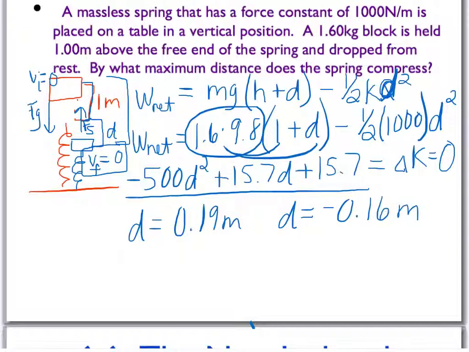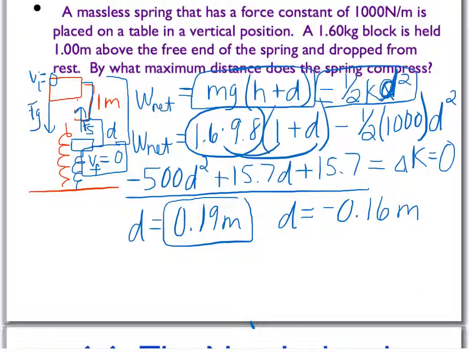We want to choose the positive root here for our answer because we did call down the positive direction, leaving the force from gravity doing positive work and the force from the spring doing negative work. We were in that case calling down the positive direction. So it is compressing it in a downward direction about 0.19 meters.